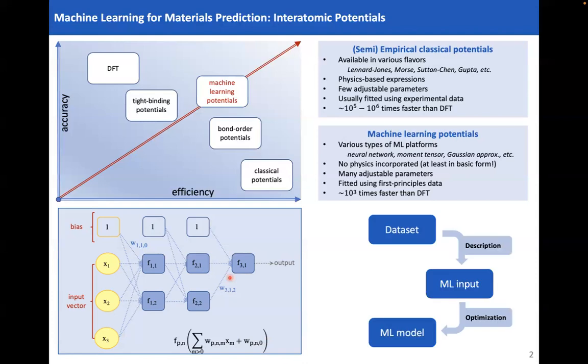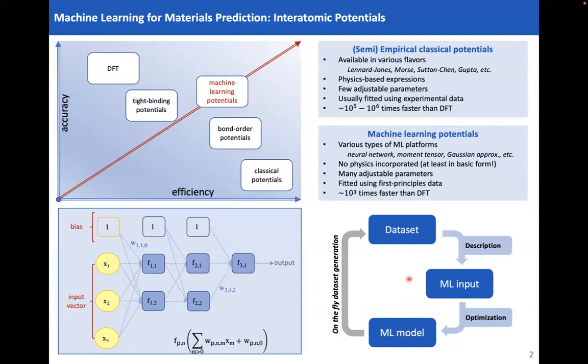A typical workflow starts by preparing a database, then that database needs to be transformed into proper input for machine learning. Once we have the machine learning input, we start the training process, optimizing the adjustable parameters or weights of the machine learning platform, in this case a neural network, and then we obtain the model.